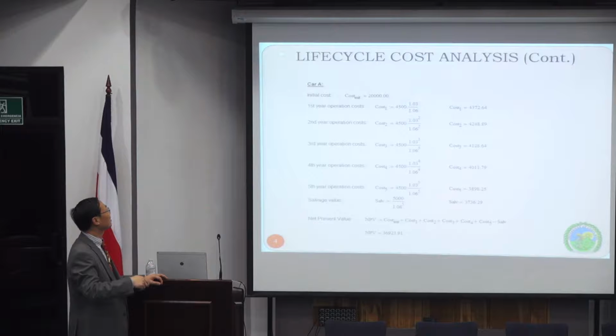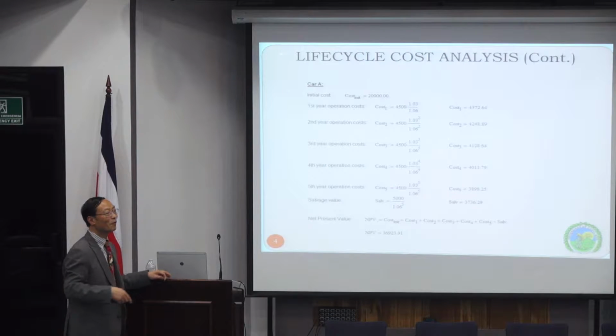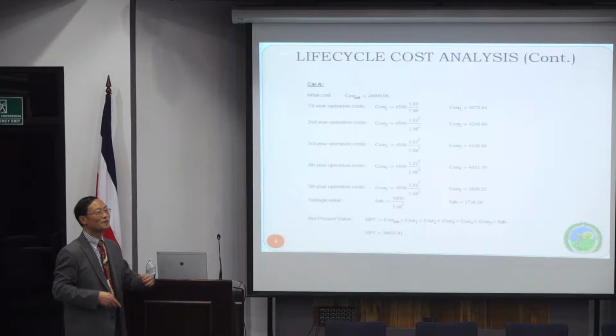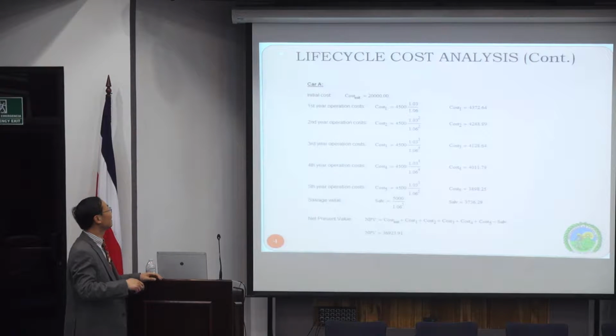So at the end of the first year, you have 3% inflation, but because you borrow money, the cost of money is 6%. In other words, you borrow money from the bank, and then you discount back, so that after you discount, it becomes 4,300, actually less than 4,500.